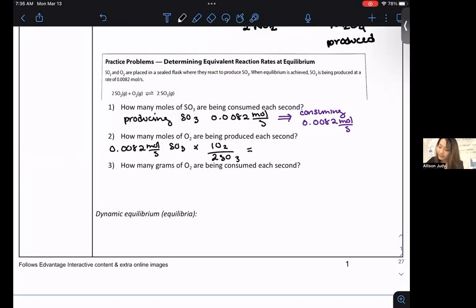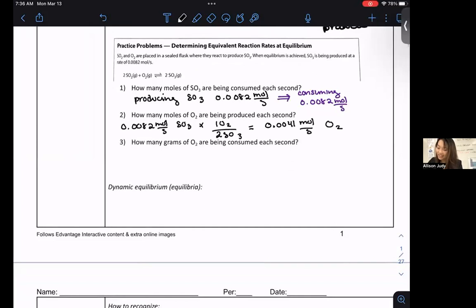That would mean I would get 0.0041 mole per second of O2 being produced in the reverse direction at this given rate, at equilibrium.